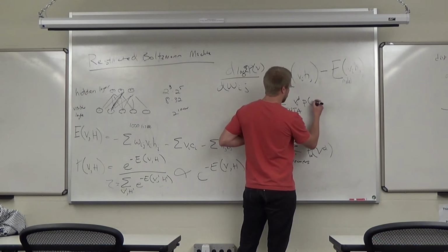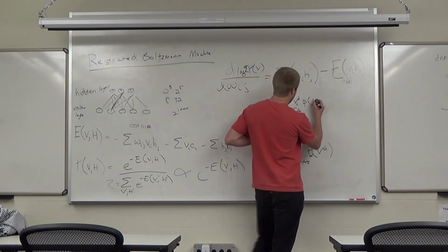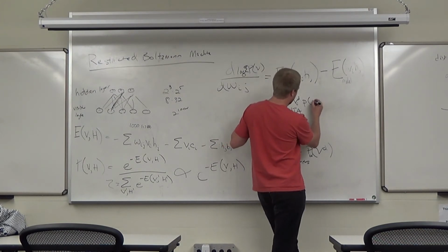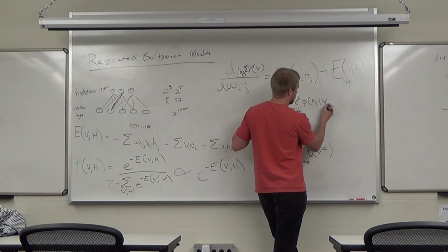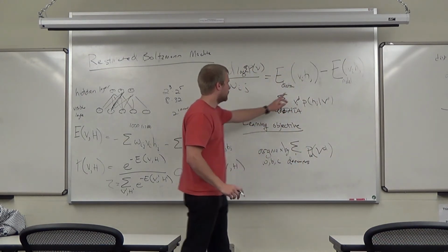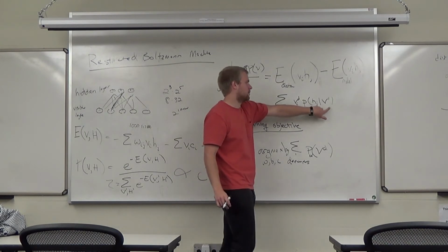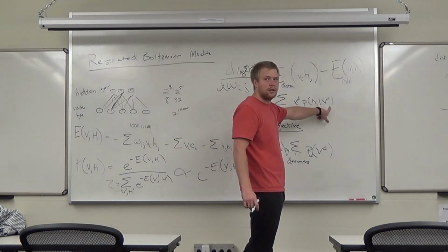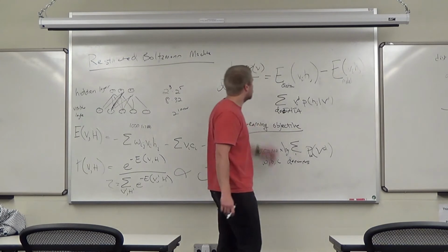I don't know if dth is a word. Times the probability that the hidden node is on, given the visible layer, the whole layer of that training example. So we can compute this really easily. This is just our sigmoid function that I just erased.